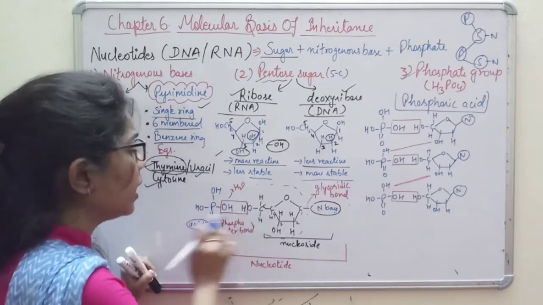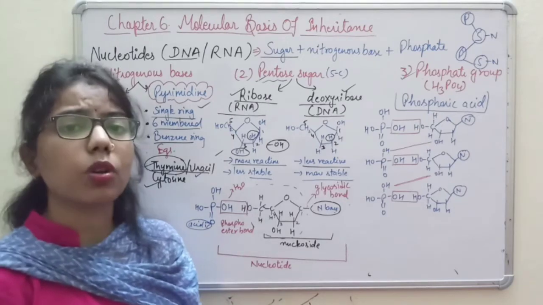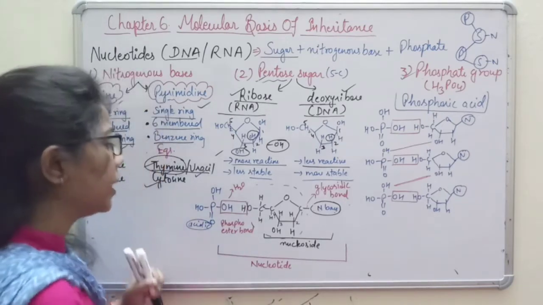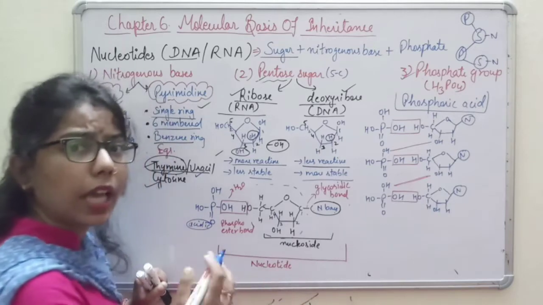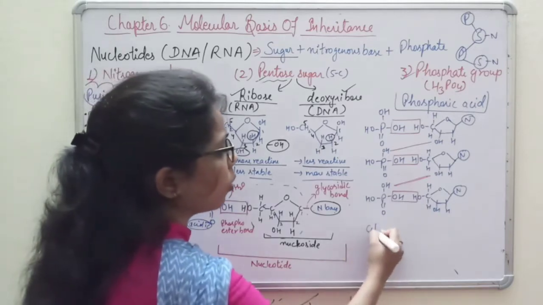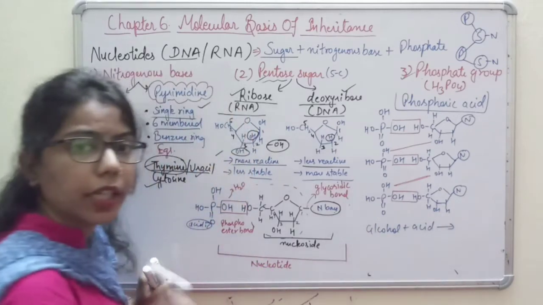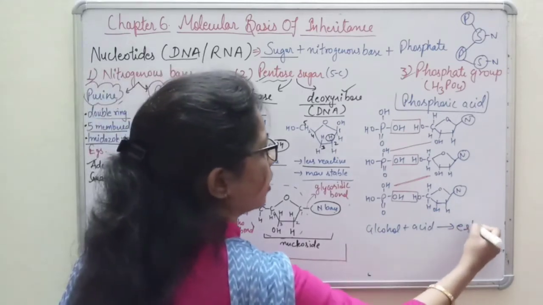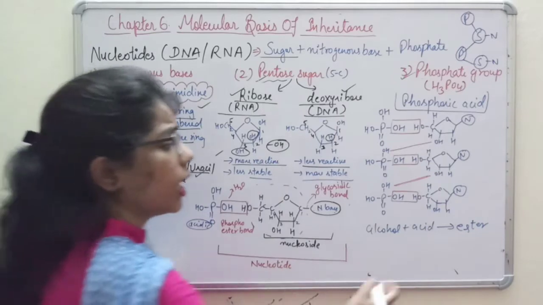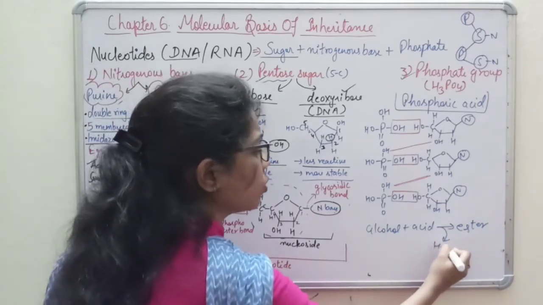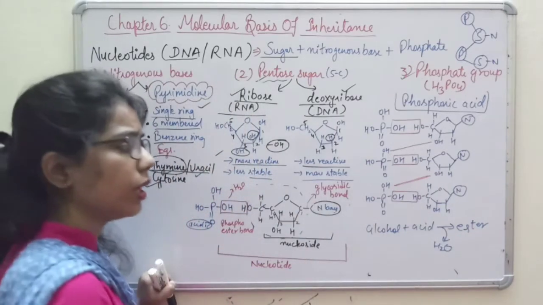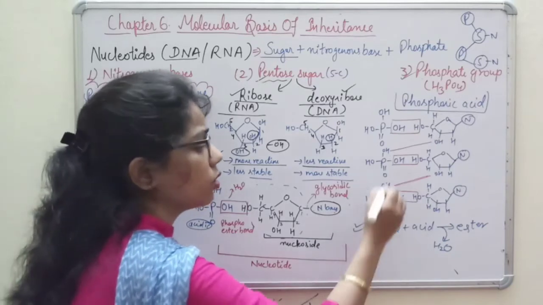And again we know that in chemistry also we have done, if we are combining an acid with an alcohol, what happens? It forms ester, and what it removes is H2O. Okay, this is the general reaction which we are studying in chemistry also.